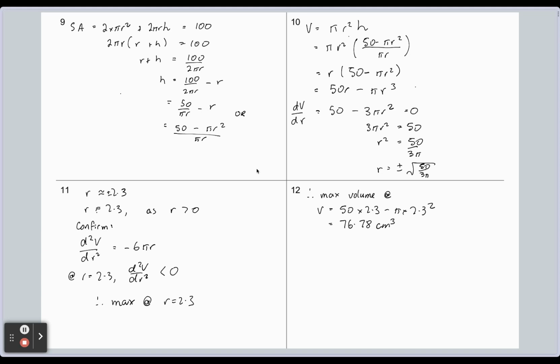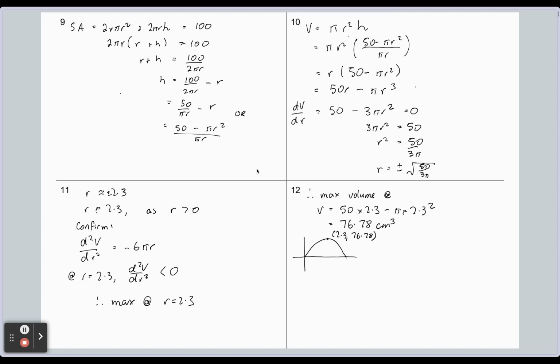Okay, quick graph. If we graph this, we could use our GDC to graph this if we wanted to, but we can also use our understanding of how graphs work. We are going to get a function which looks a bit like that, probably a bit too steep the way I've drawn it. Here is going to be 2.3, 76.78, like so.